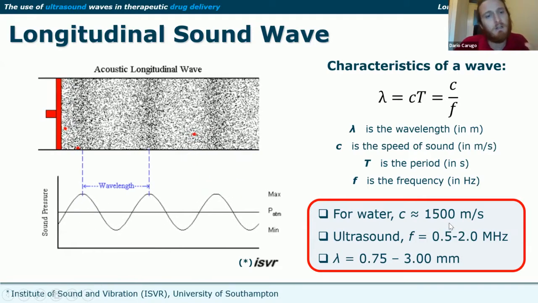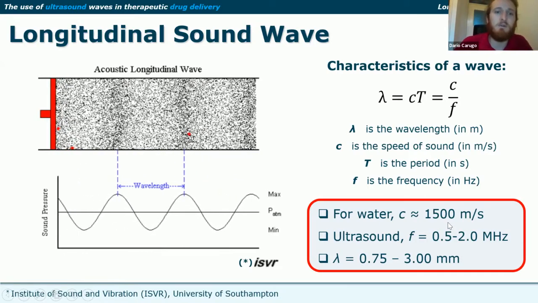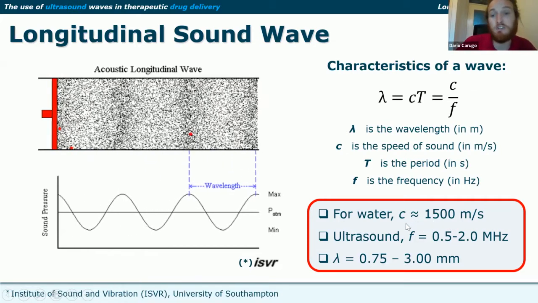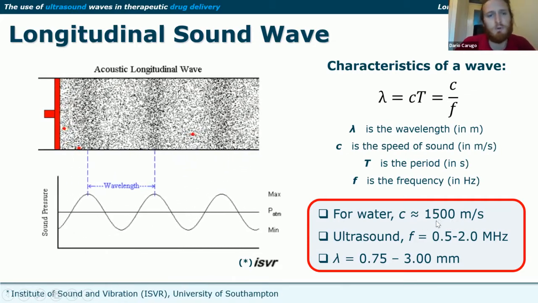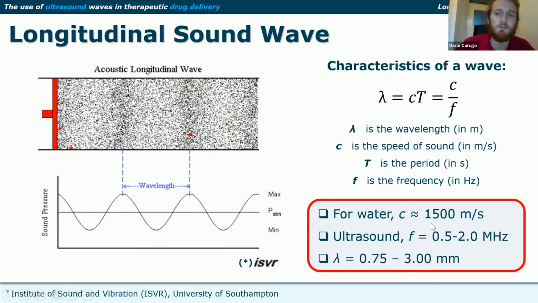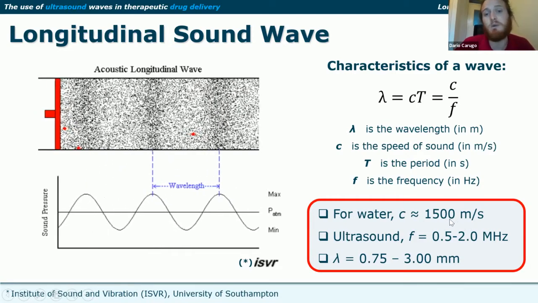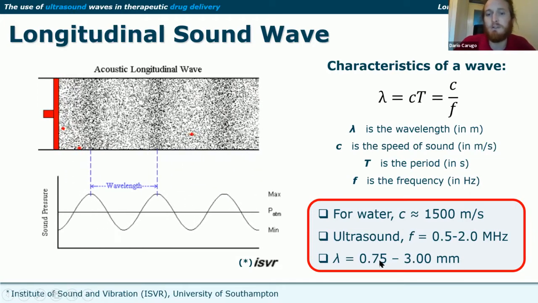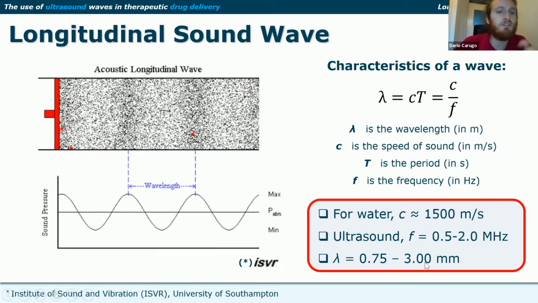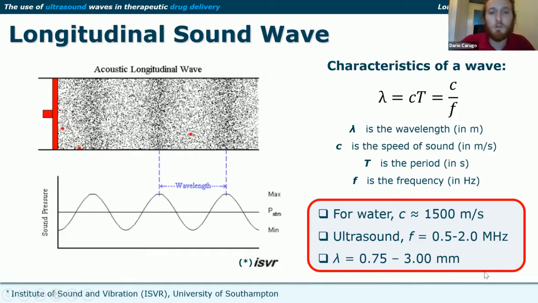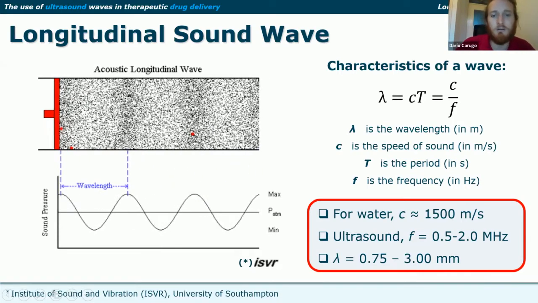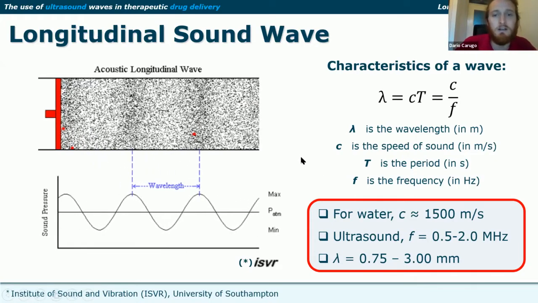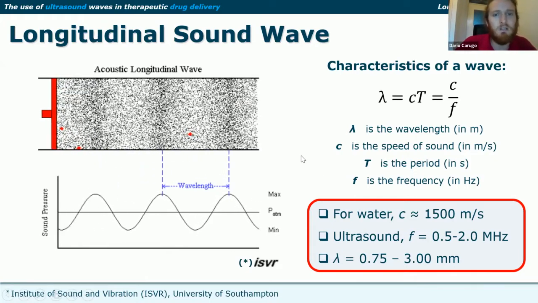So quite often, we can approximate the speed of sound in a tissue, and that's certainly the case for soft tissues, with the speed of sound in water, which is about 1,500 meters per second. That means that the wavelength of these ultrasound waves is in the range between 0.75 and 3 millimeters. So this gives you some orders of magnitude in terms of the key parameters that characterize ultrasound propagation in tissues.